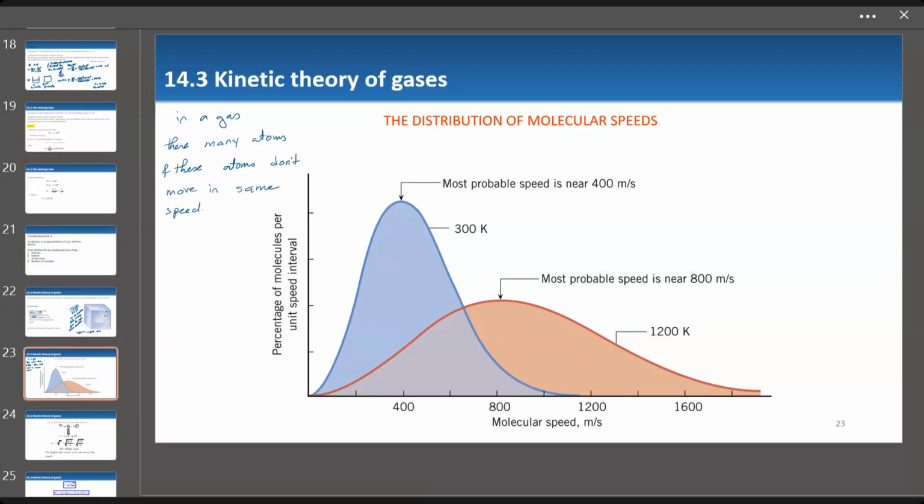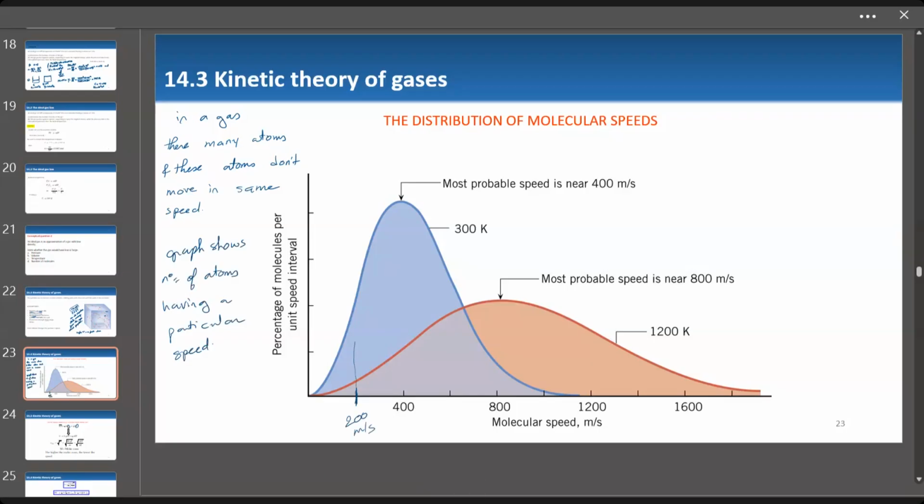So if we track all of these atoms and plot the speeds of all of them, this graph shows the number of atoms having a particular speed. If you look at this graph, here, for example, the value is 200 meters per second.